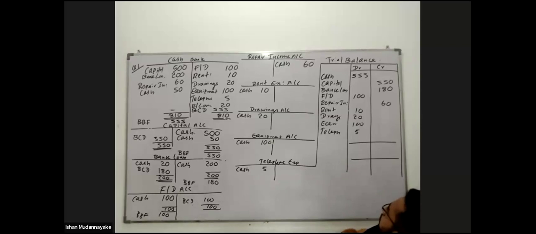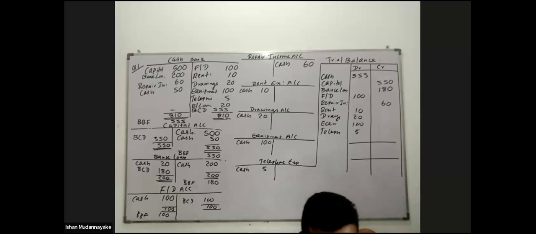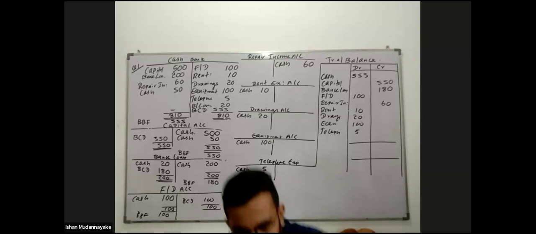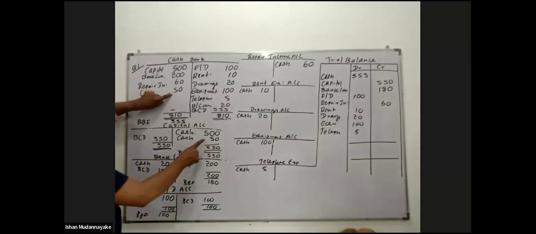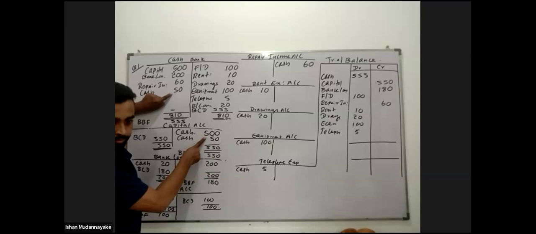Capital? Which one, sir? What is the 50,000, the last one in your trial balance? Capital, sir. Yes, capital you can write down here. That is additional capital 50,000: cash debit 50,000, capital credit 50,000.